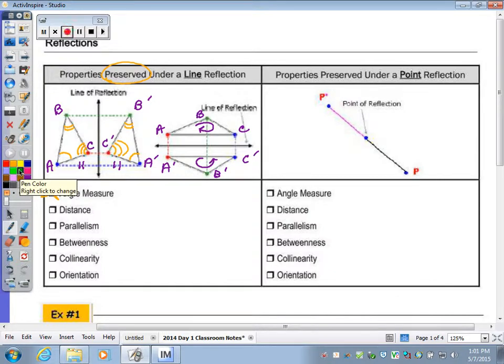When they're talking about distance, remember, another word for distance is length. So is the length of AB equal to the length of A prime B prime? That is true. So together, these are true because you have congruent polygons with a reflection.